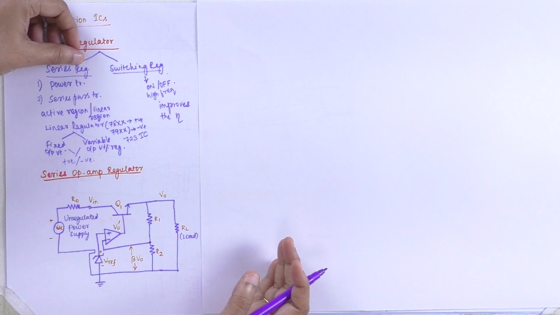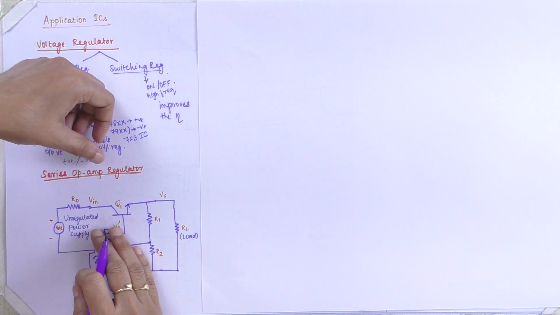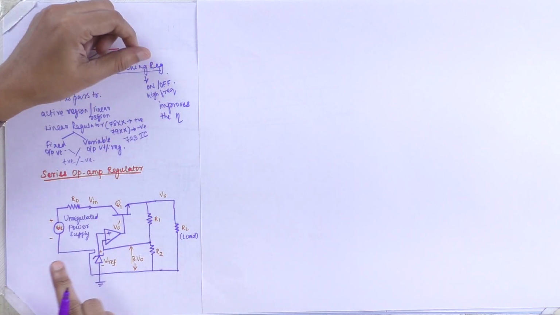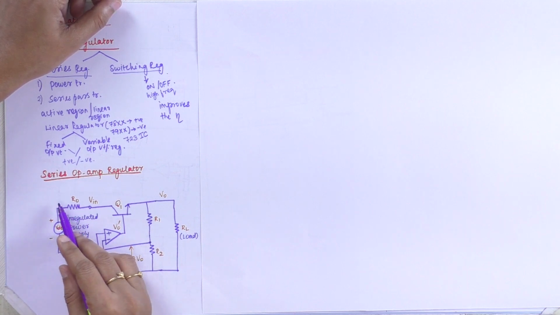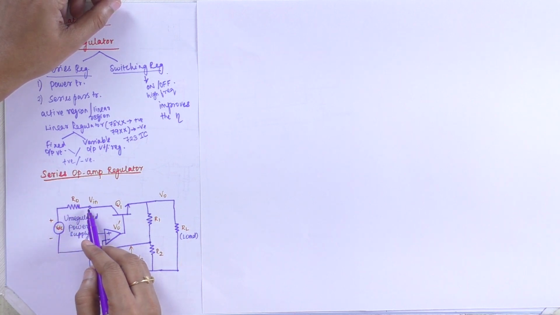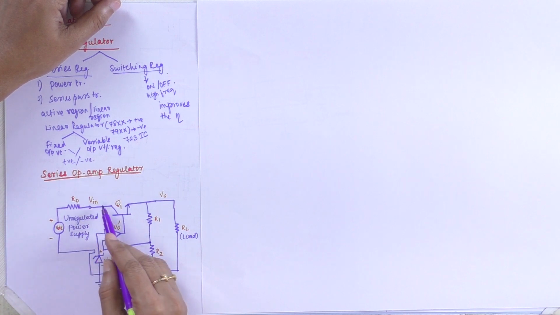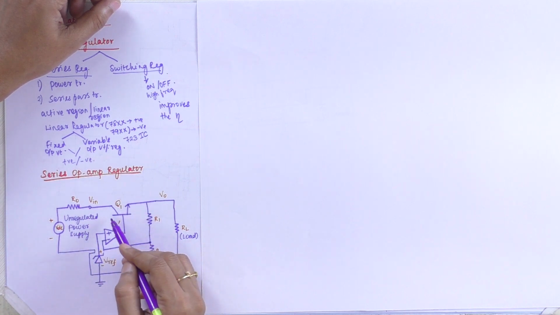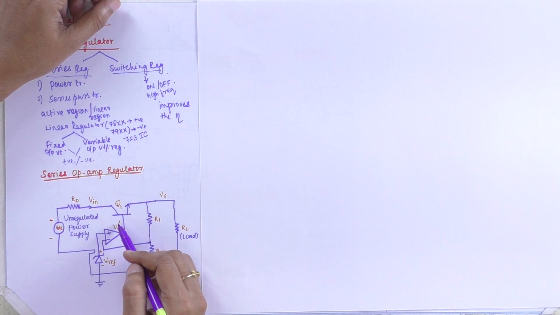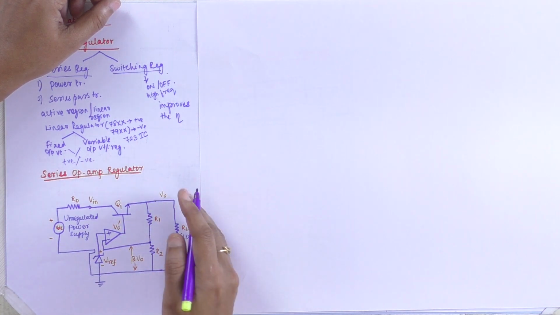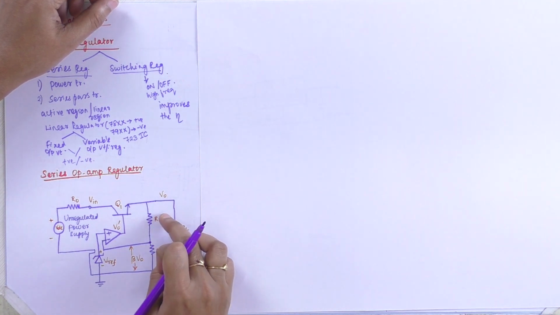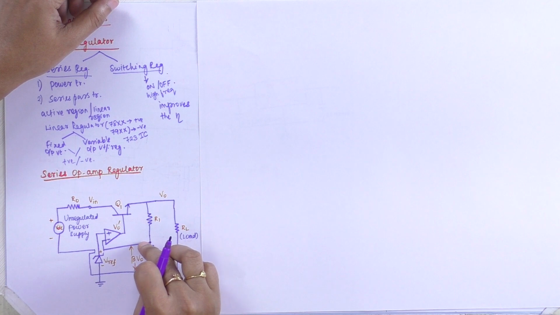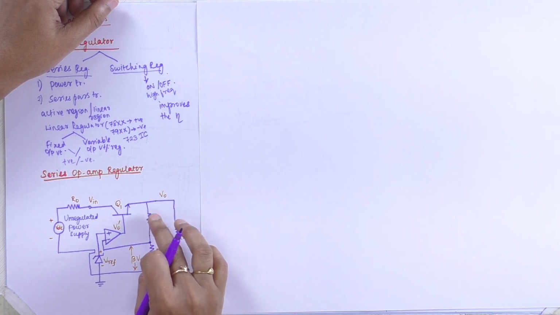Coming to the series op-amp regulator, here we have the input voltage as VDC. It is connected with the resistance R0 and the voltage is Vin. It is given to the transistor Q1 at the collector terminal. From the emitter terminal we take the output, and we have a load resistance and a divider network like R1 and R2.